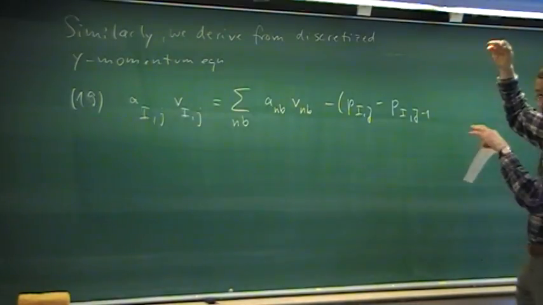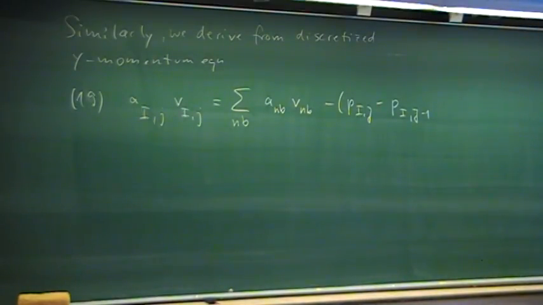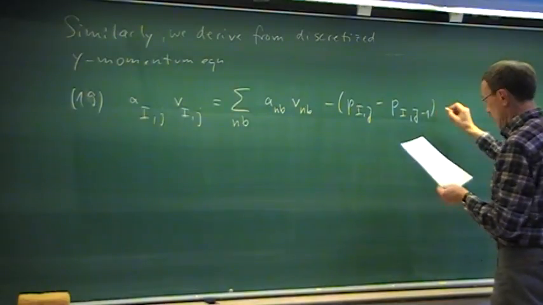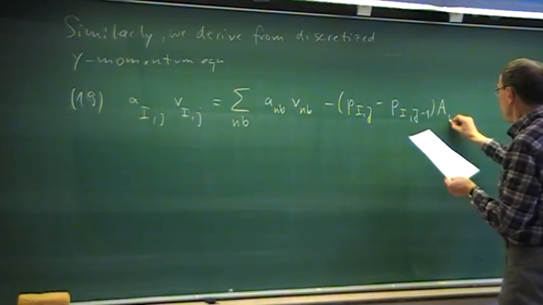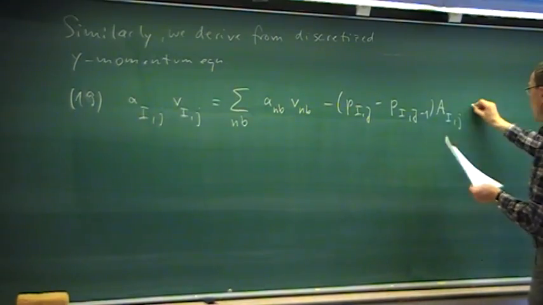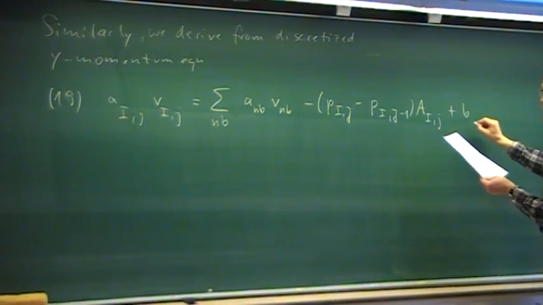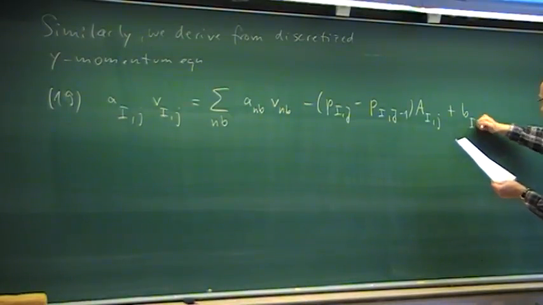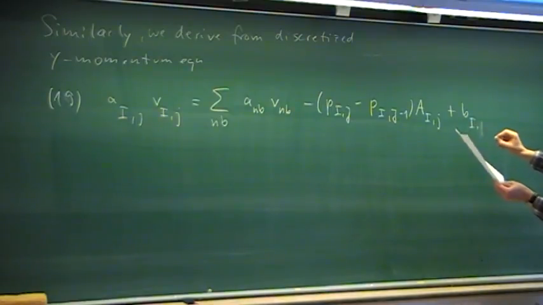So that is the pressure at the north and south for the control volume for V I j, times the area, we take that at A j, plus the B, which is the source term from the volume force in the y momentum equation.